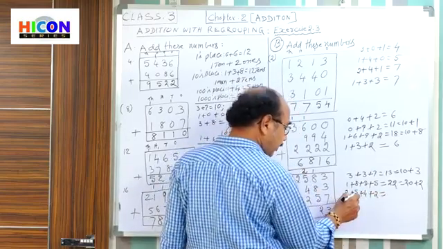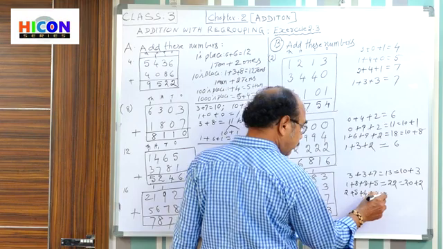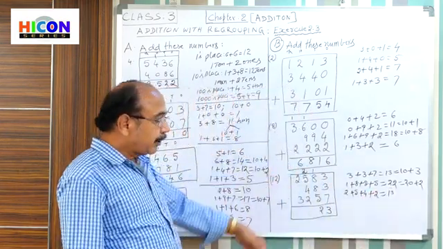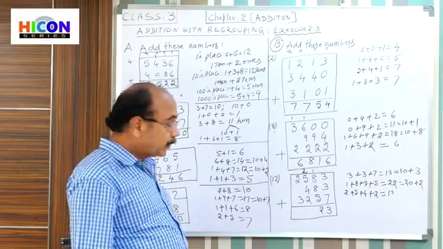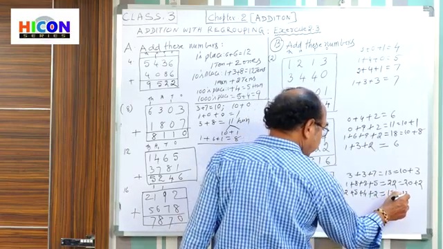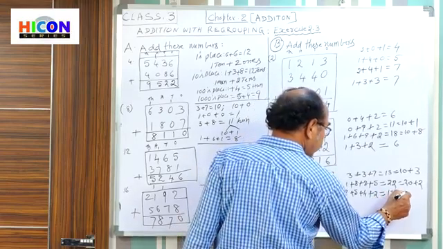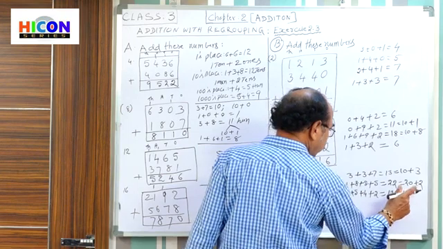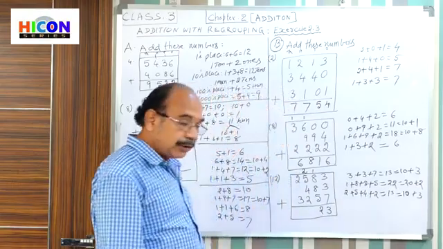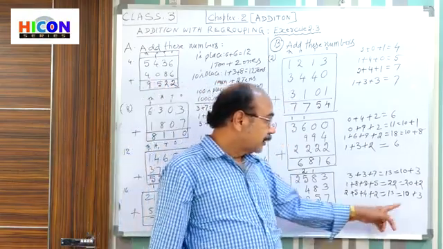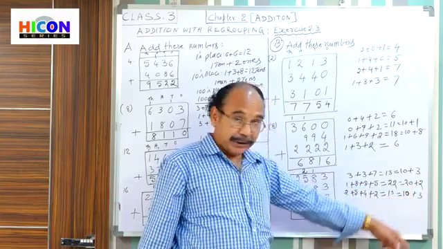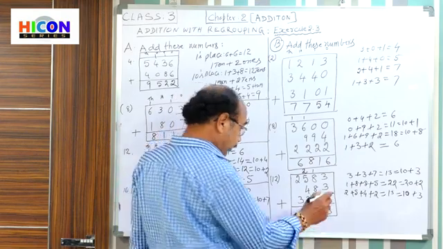Add 2 plus 5, 7. 7 plus 4, 11. 11 plus 2, 13. 1300s. 1300 can be broken as 1000 plus 300. So that 3 we write here.